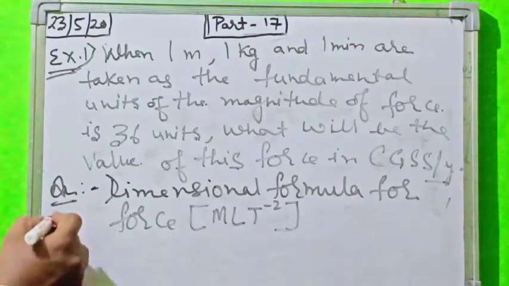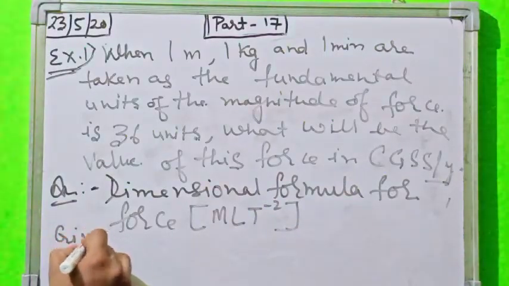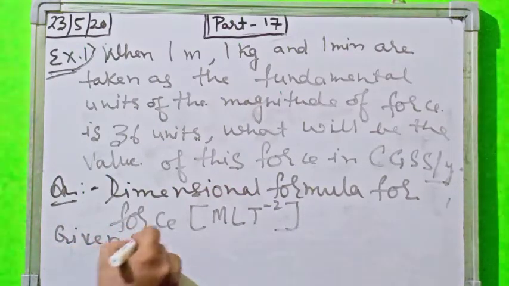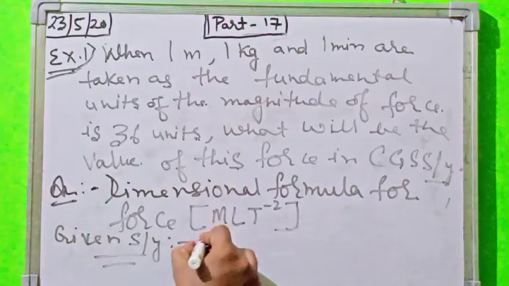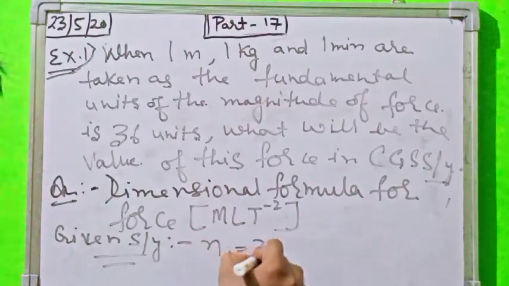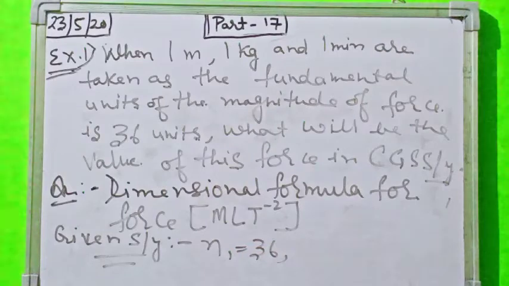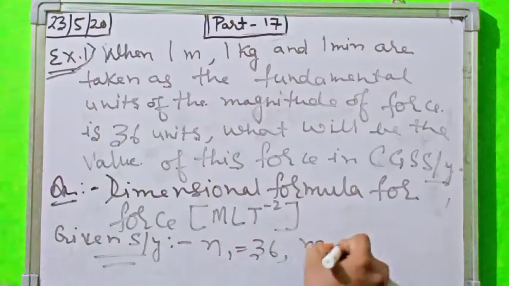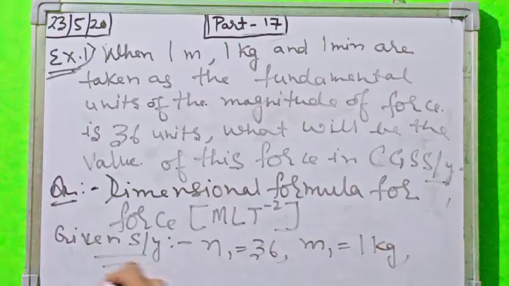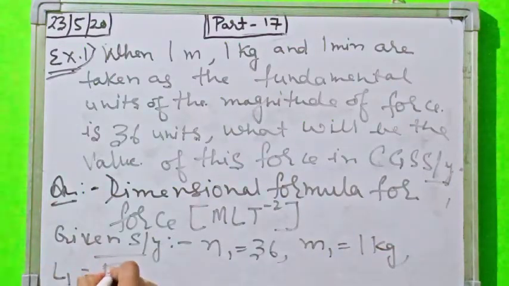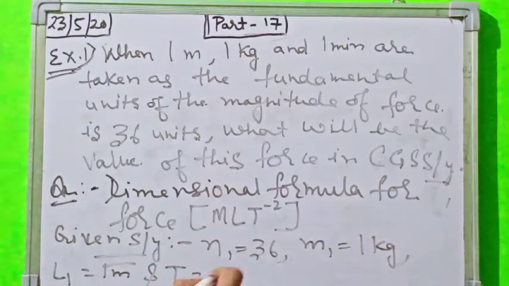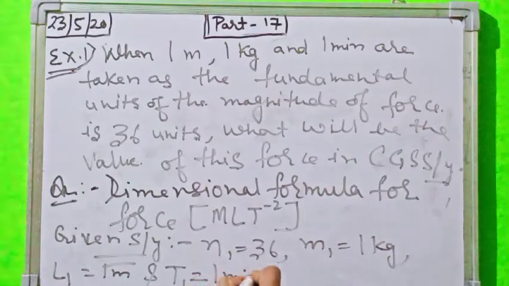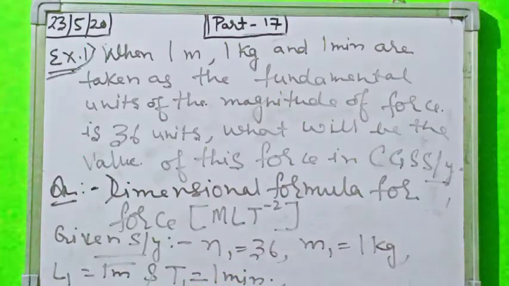Now, in the given system, whatever the system given in the question, n1 is equal to 36, m1 is equal to 1 kg, L1 is equal to 1 meter, and T1 is equal to 1 minute. It is given.